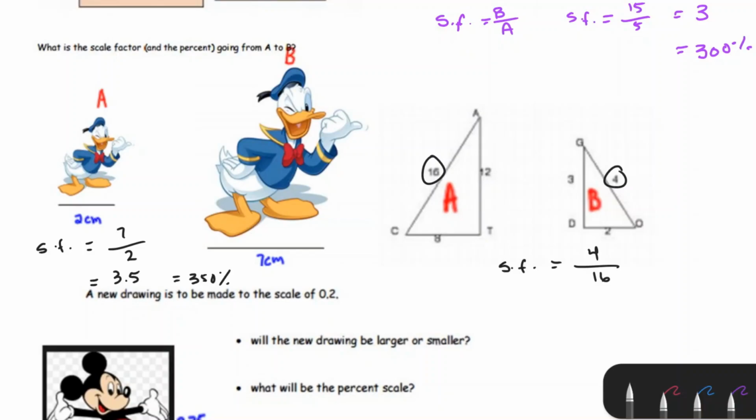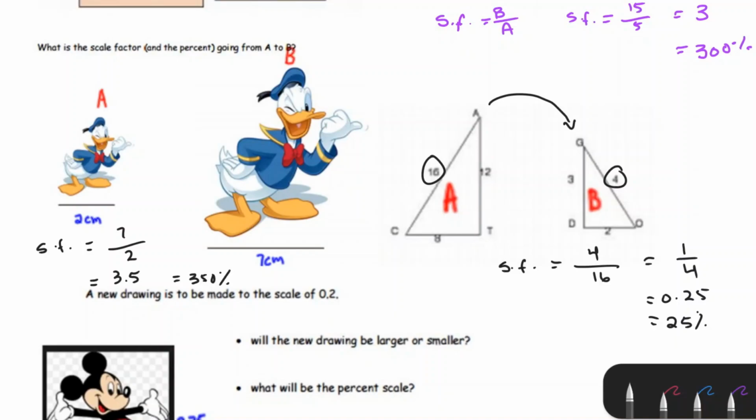It's okay to have fractions. It's okay to have numbers smaller than 1. That just means we have a reduction. We're going from something larger to something smaller, and the direction does matter. My scale factor here is 1/4, which is 0.25, which is 25%.